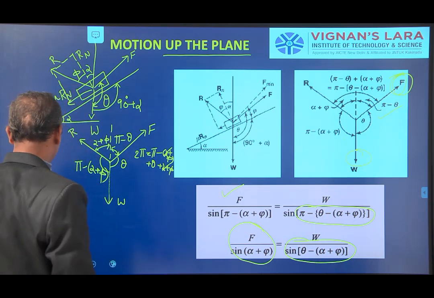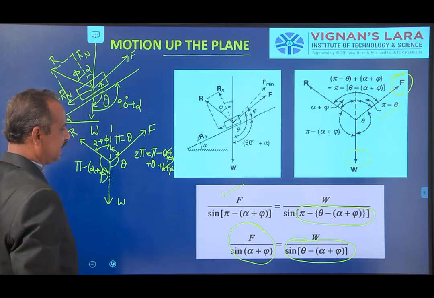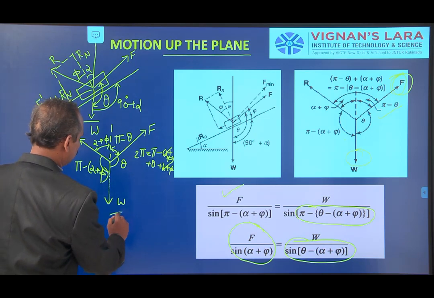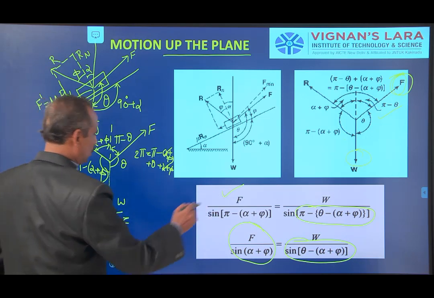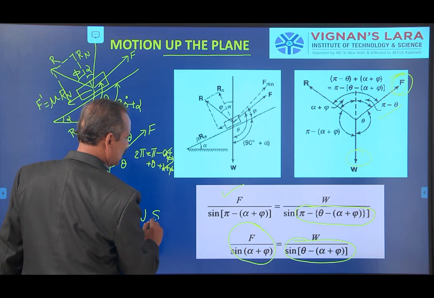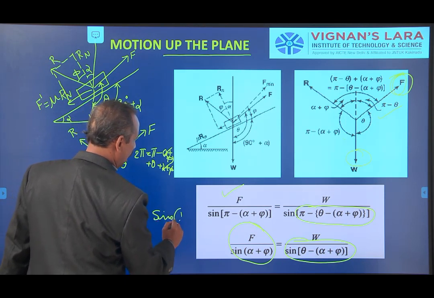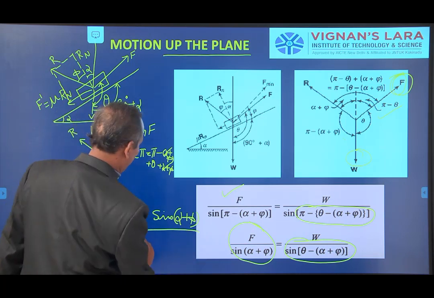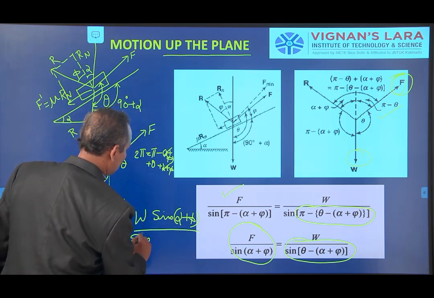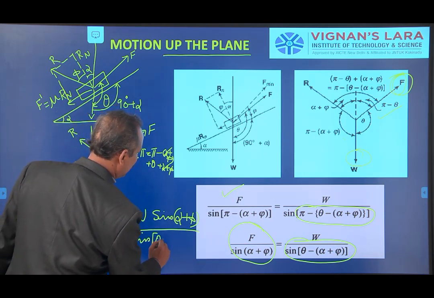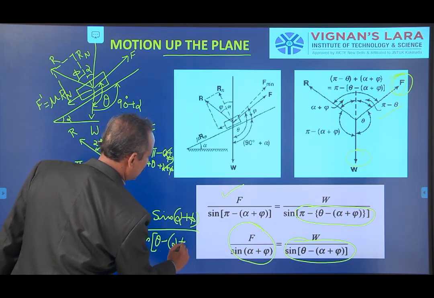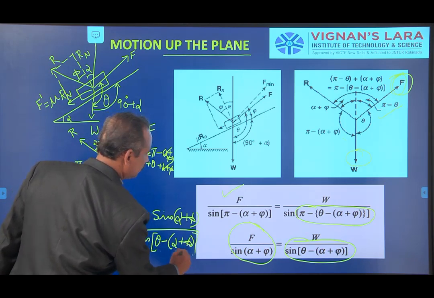So by simple rewriting, F is equal to W sin(alpha plus phi) by sin(theta minus (alpha plus phi)).